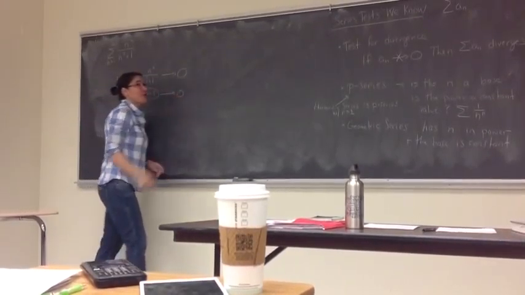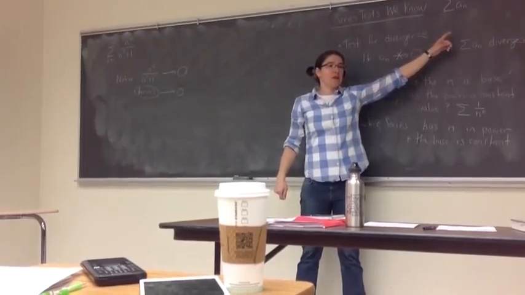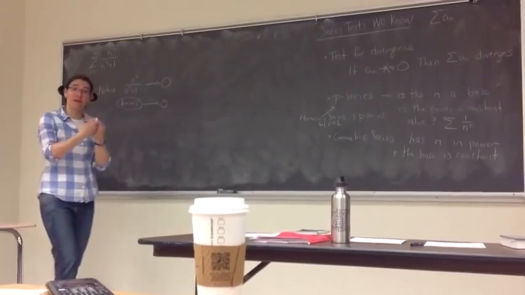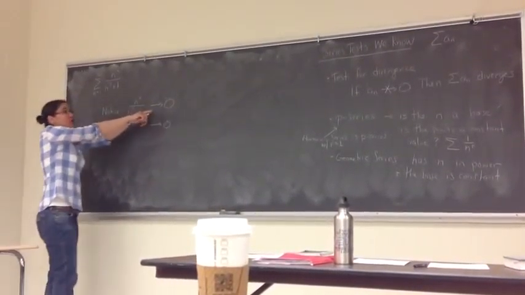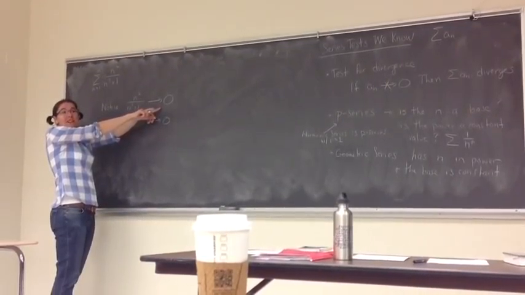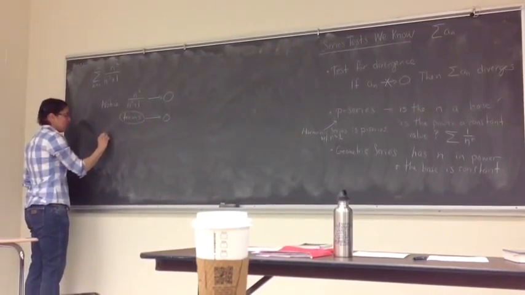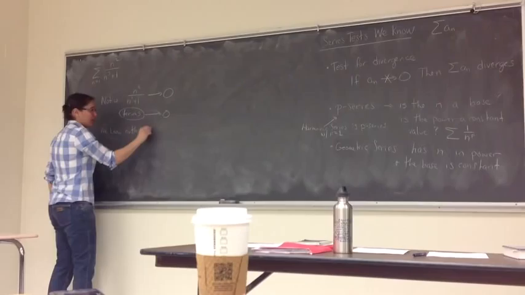So my terms are going to 0, which means that I know nothing in terms of the test for divergence. Test for divergence says if our terms do not go to 0, then our series diverges. But if our terms do go to 0, then we know nothing. All right, so we know nothing so far.